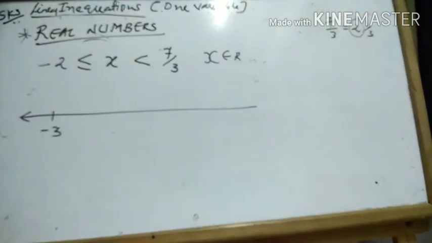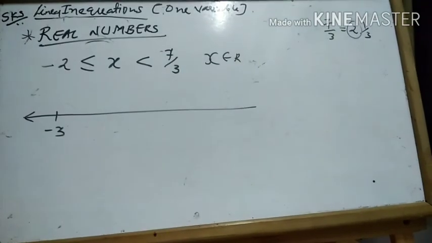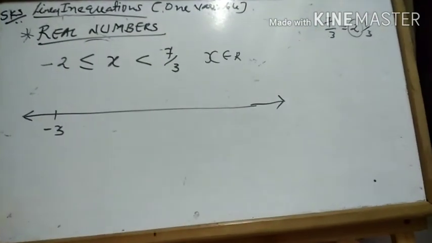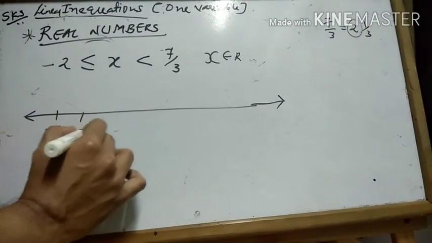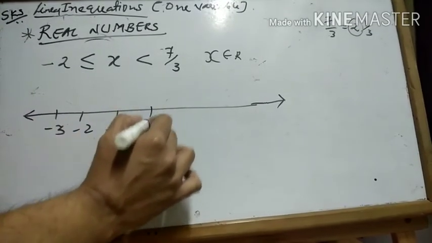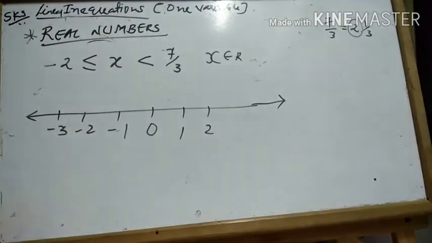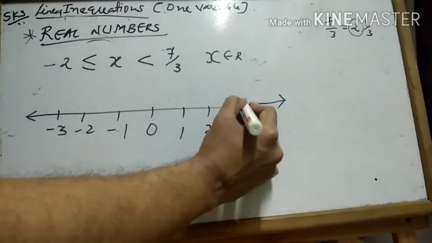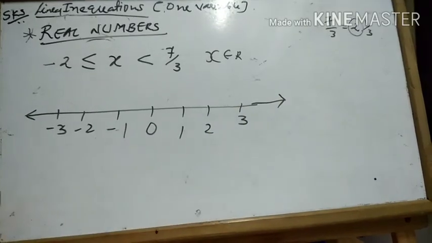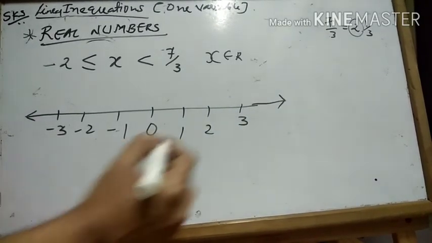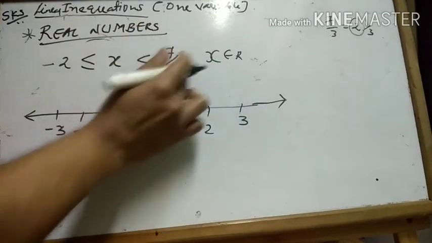So your number is 1 more than 2, so 3 should be there as the succeeding number. Negative 3, negative 2, negative 1, 0, 1, 2, and here 3.